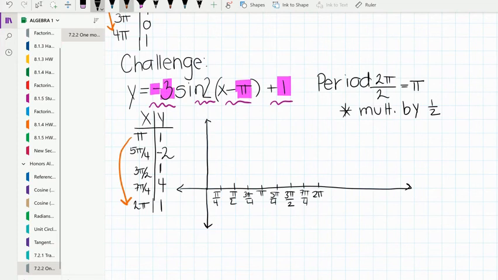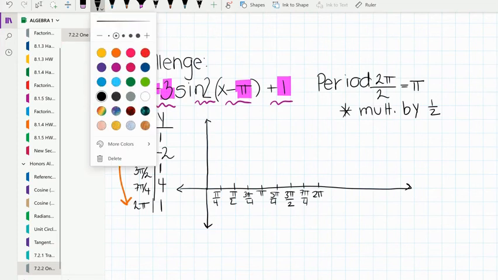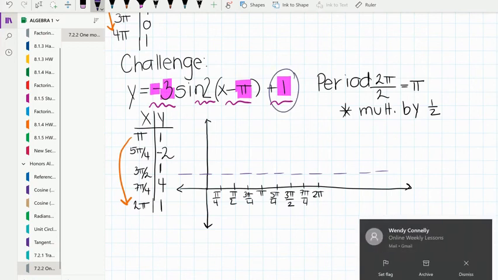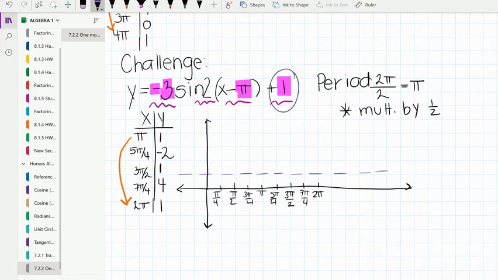So thinking back to the last tutorial video, when we had multiple things happening at once, the first thing I like to put in is the midline, which is at 1, because y equals k is the midline. Remember, this value right here is your k value. The next thing that we want to do is the amplitude. So the amplitude is just 3. So we do 3 above, and then we do 3 below.